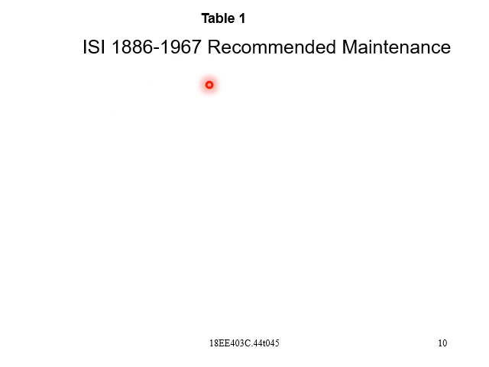Now we see what kind of maintenance is to be done. Table 1, as per IS, Indian Standard, IS 1886 of 1967, recommended maintenance.